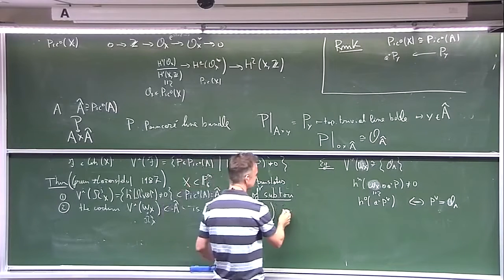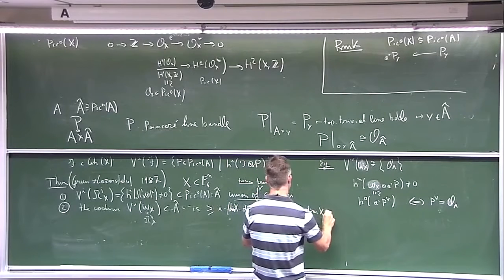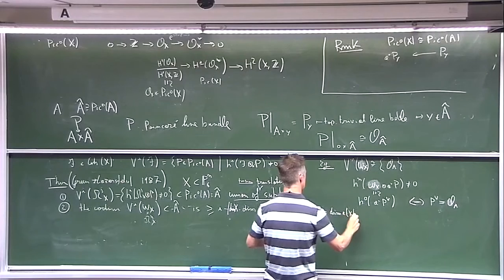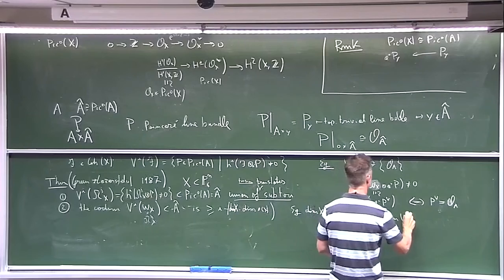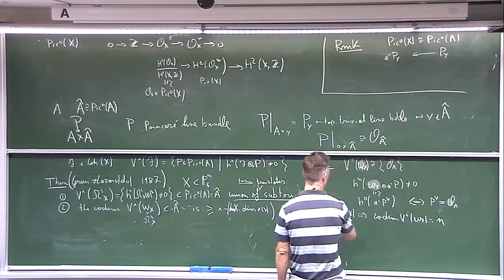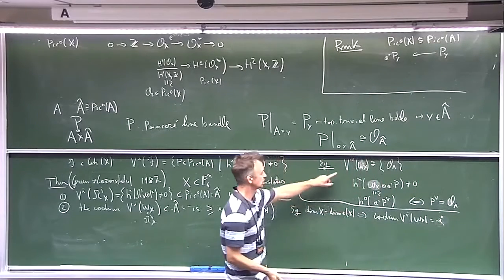So the nicest case is, for example, if the dimension of X is equal to the dimension of A of X, then this says that the codimension of V^i of omega_X is equal to n, is equal to i. So we've already seen one case where that's true.